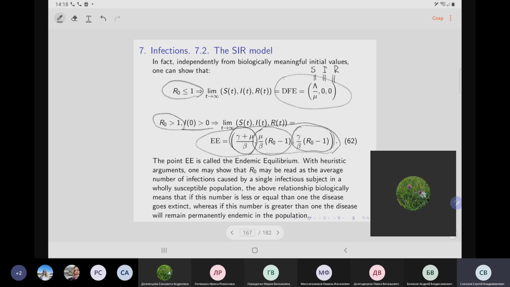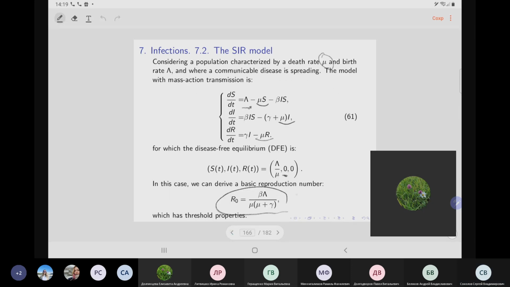If, for example, there is no good vaccination, if there are no ways to decrease our R0, then the infection will go to endemic equilibrium. But if we can control our coefficients, what do we need?